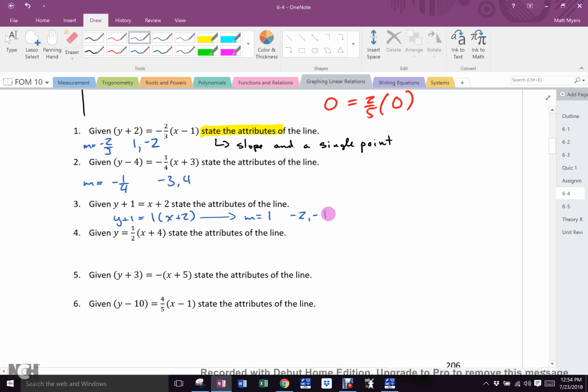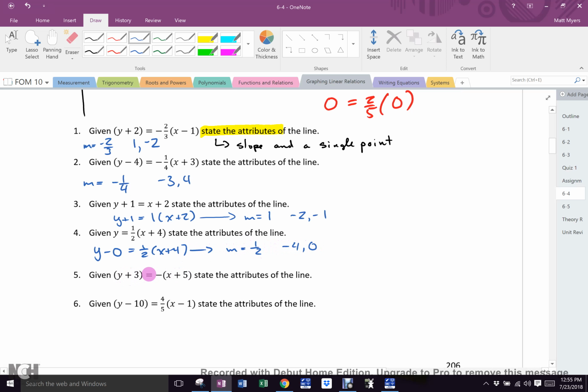Okay, look at 4. What's missing? There's nothing subtracted from y. What number is nothing? Zero. So this is really y minus 0 equals 1/2 x plus 4. So what's my slope? 1/2. What's my point? Negative 4, 0. Is everybody picking up what I'm putting down?